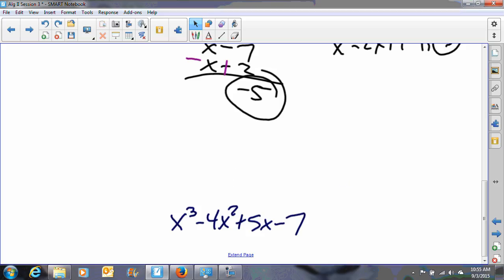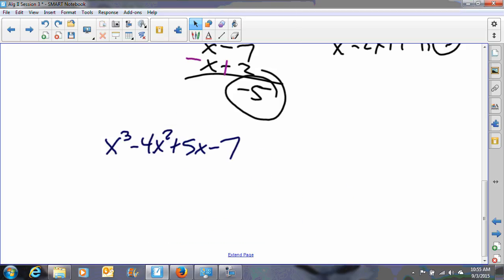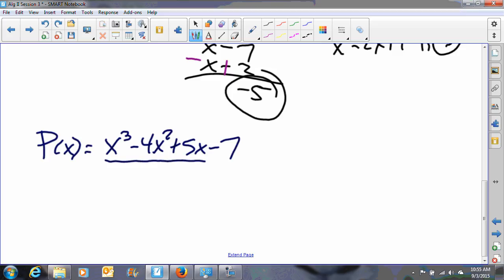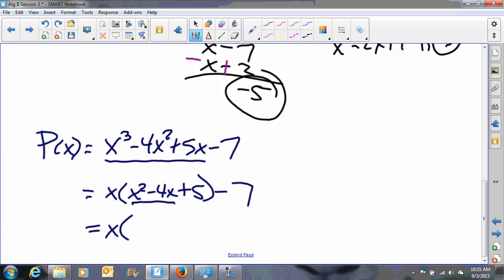Okay, now this is p of x, we could factor an x out of these three terms. So that would be the same as x times x squared minus 4x plus 5, and then subtract 7. But we could also factor the x out of these two, and that would give us an x parentheses x minus 4 plus 5 minus 7.